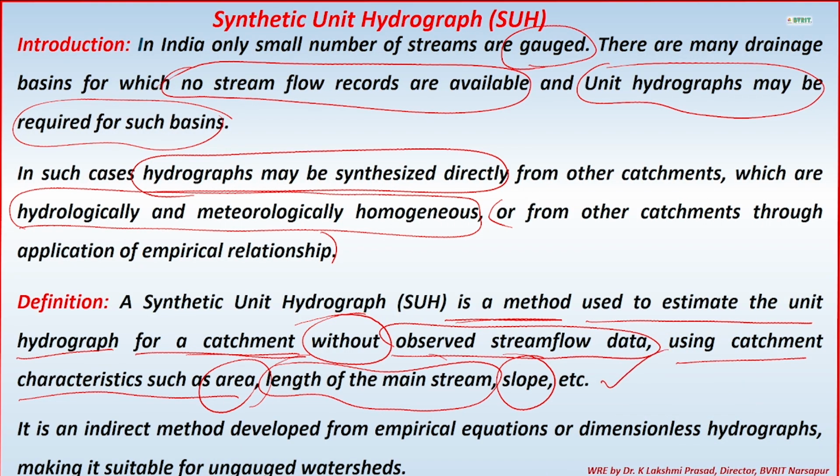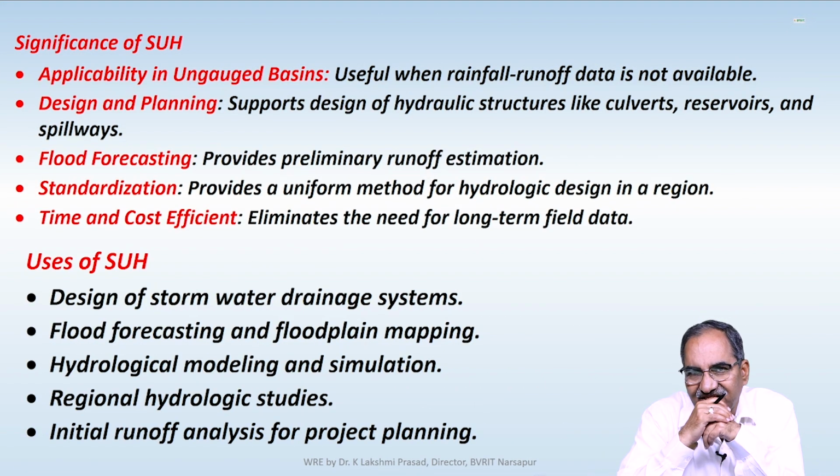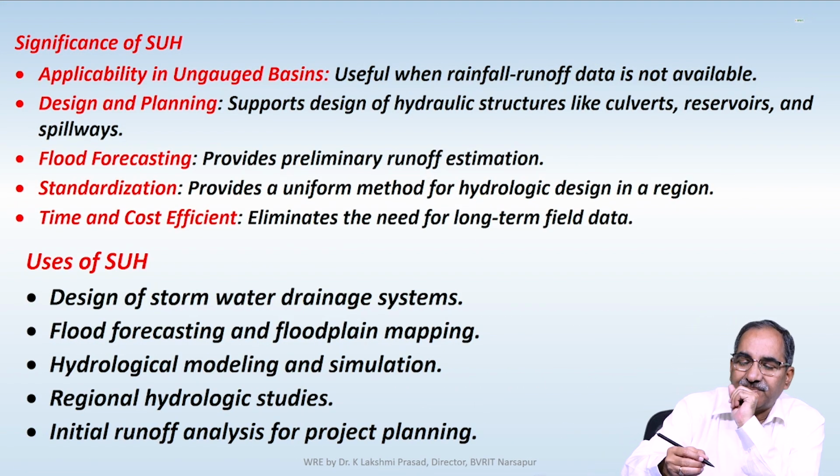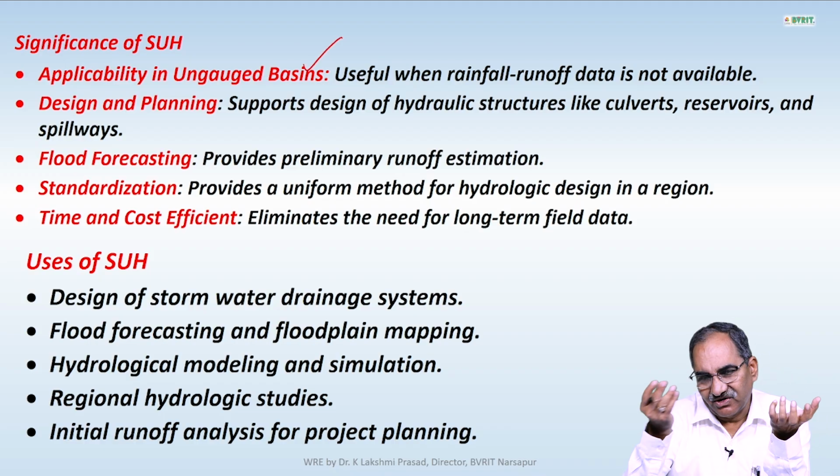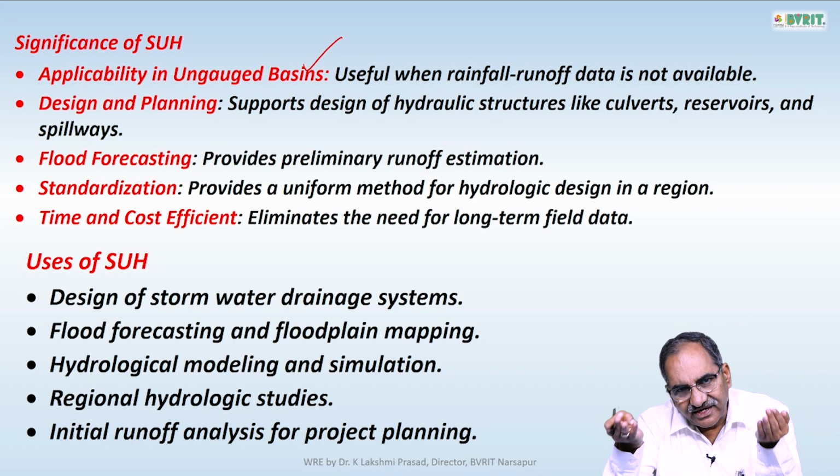Then, it is an indirect method, because when I say estimate, it is an indirect method developed from empirical equations or dimensionless hydrographs, making it suitable for ungauged watersheds. So what is the significance of the synthetic unit hydrograph? It is applicable for ungauged basins, because the synthetic unit hydrograph is only for ungauged stations.